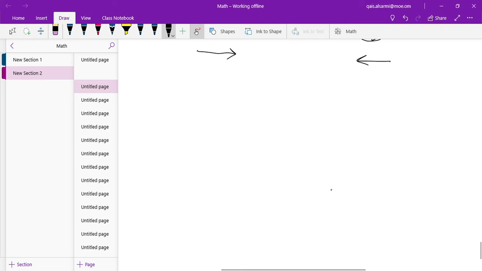Now I'm going to make a picture of the standing wave once again. Consider this to be a fixed point, and the string is just moving up and down in this fashion.